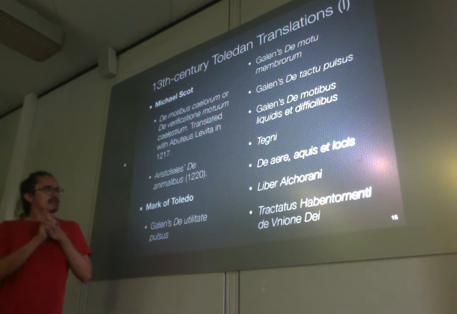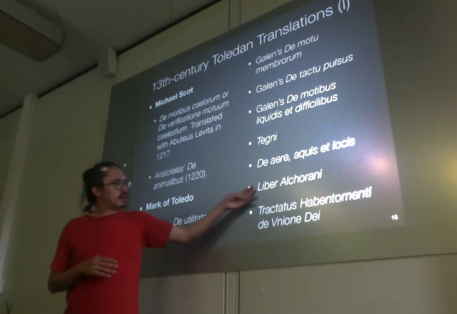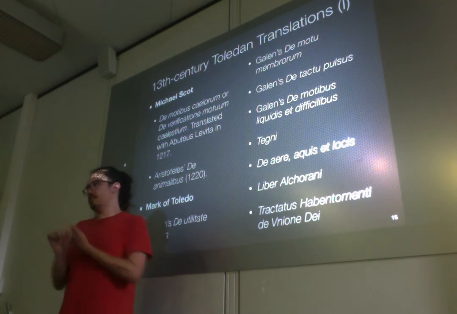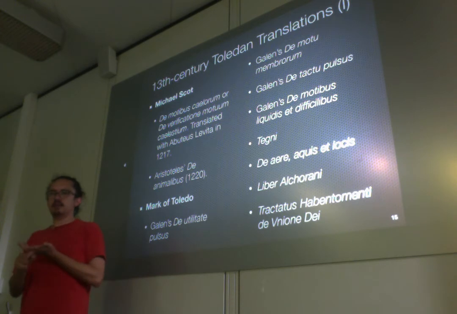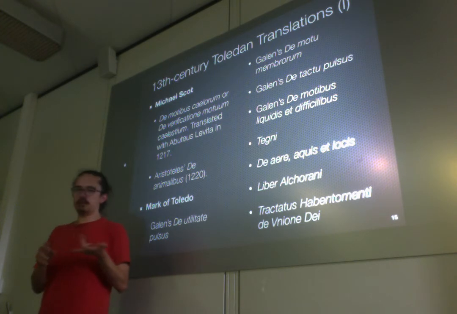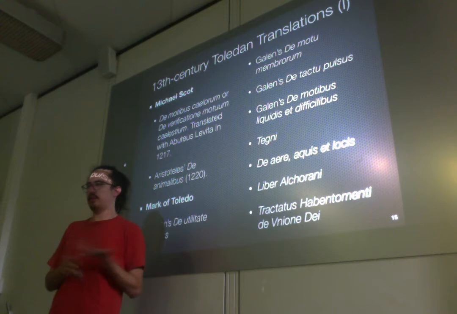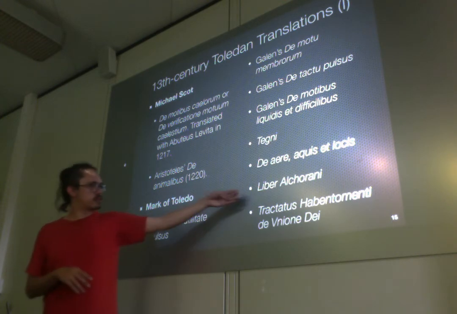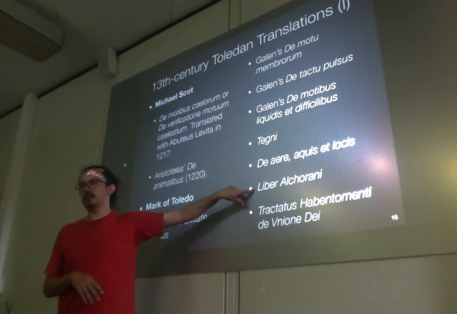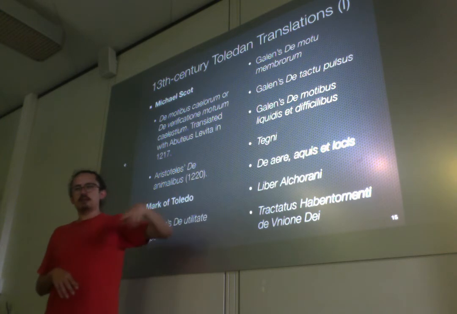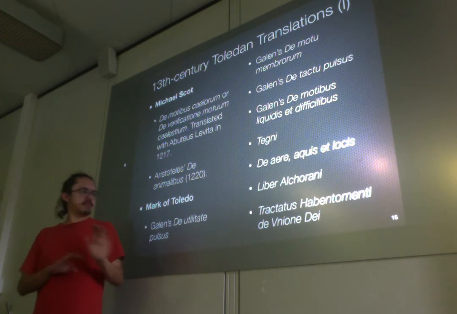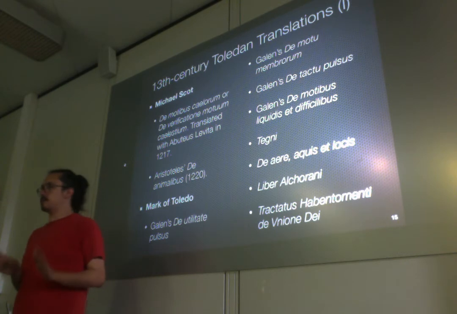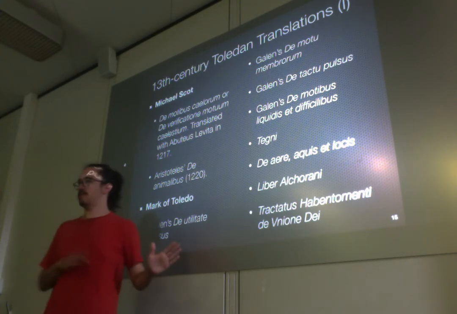And as I said, Mark was commissioned by Toledo's Archbishop Rodrigo Jimenez de Rada to translate the Quran. And as I said, there were only 7 Islamic translations in the 12th and 13th century.